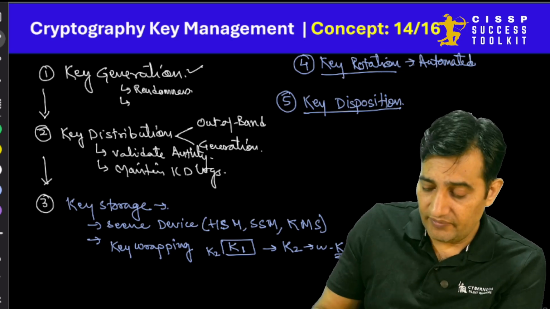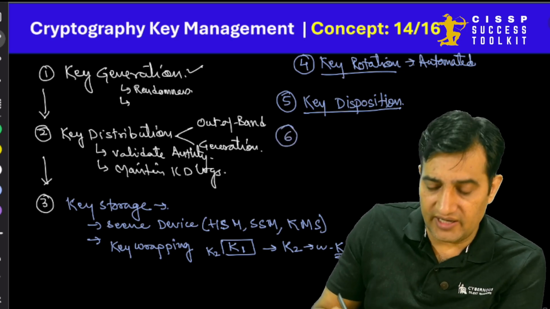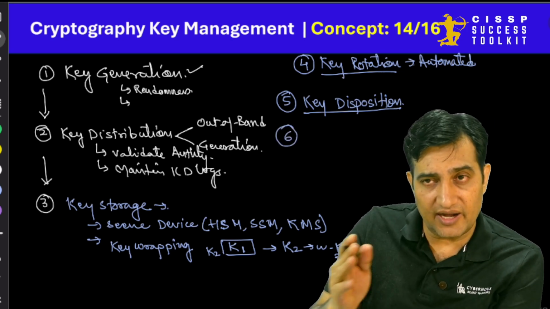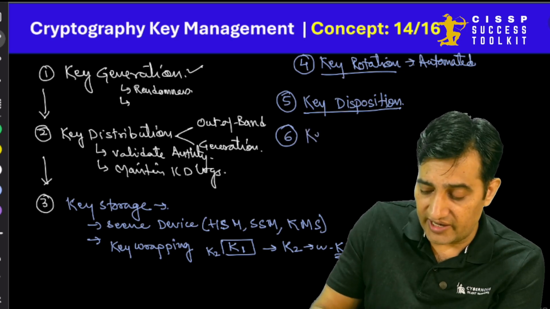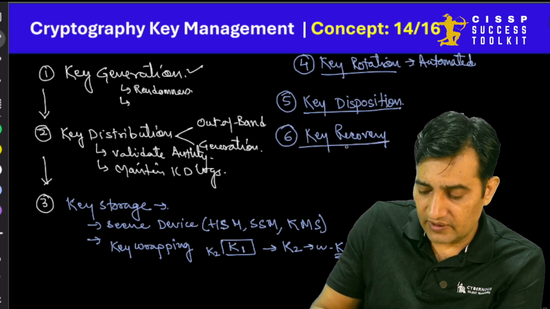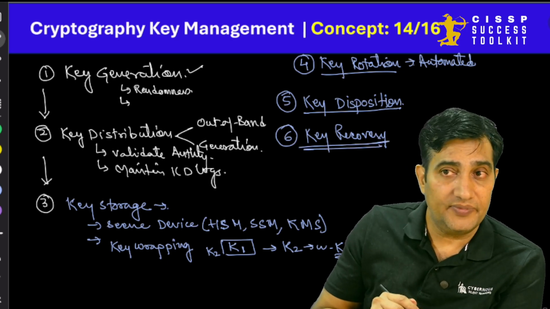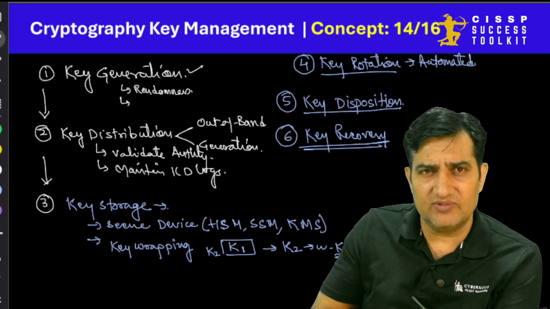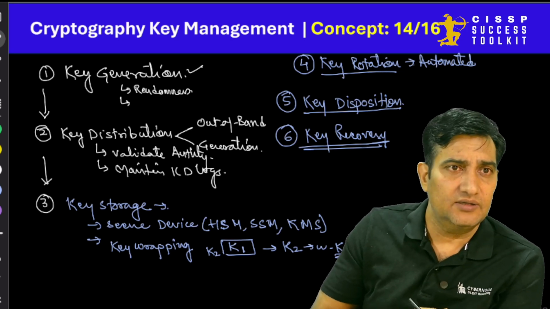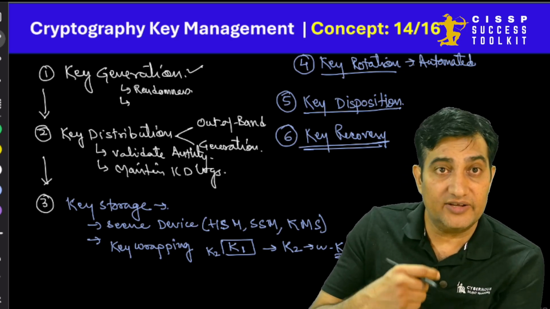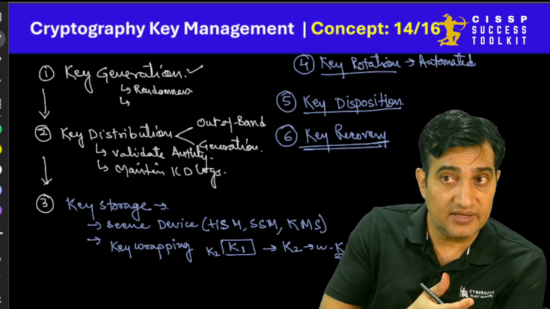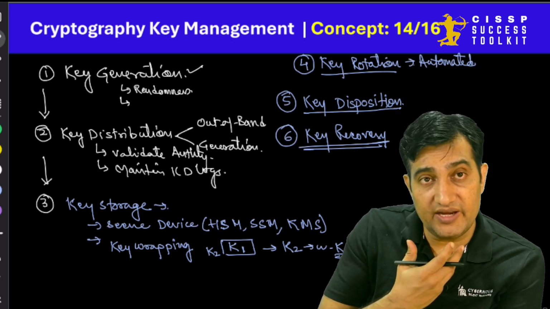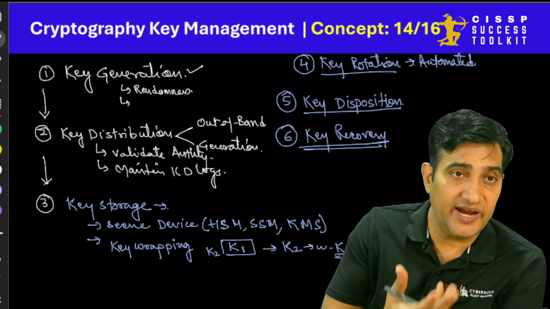Then the last stage of the entire key management life cycle is called key recovery. What is key recovery? In many cases people will forget the key, sometimes the key will be lost, all of that. So for that there has to be a system where you have the master key, and that has to be very, very securely handled.